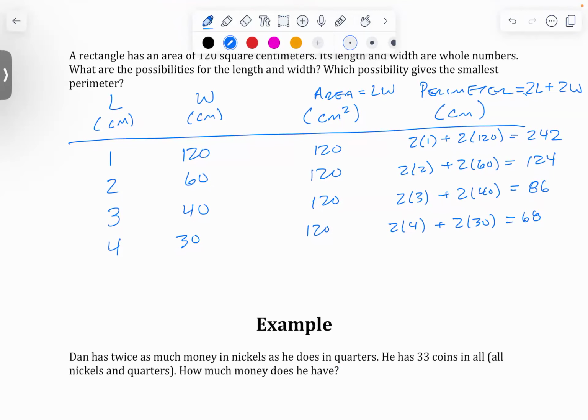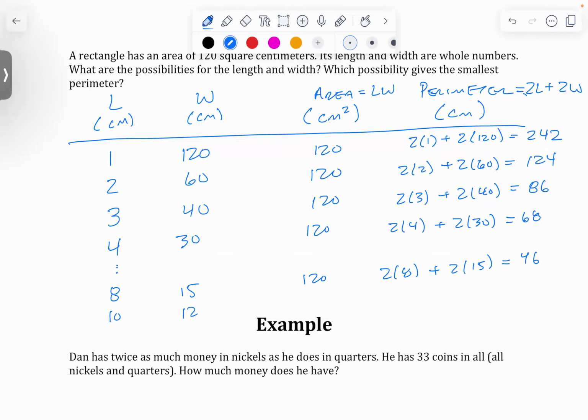And we could check this. Let's see, 5 works, 6 works. Let's skip ahead and let's look at 8. 8 times 15, still 120. And then let's look at 10 and 12.